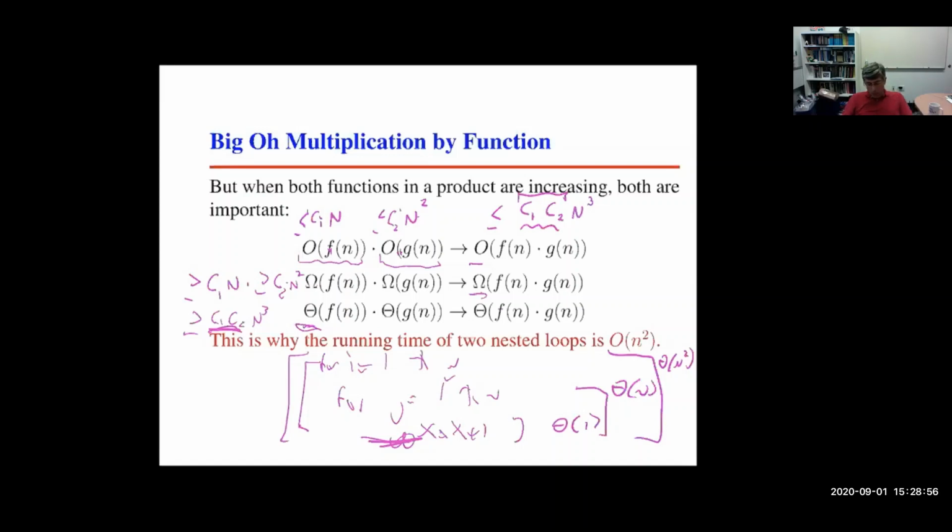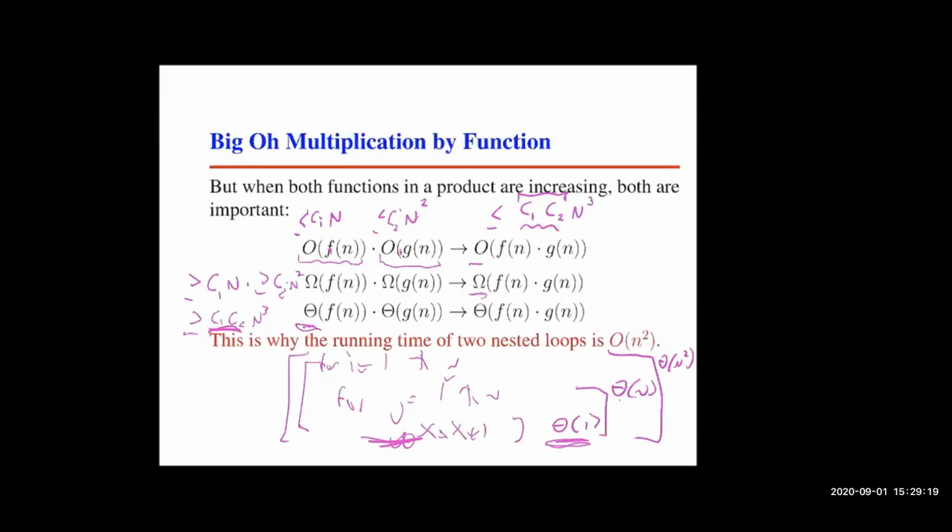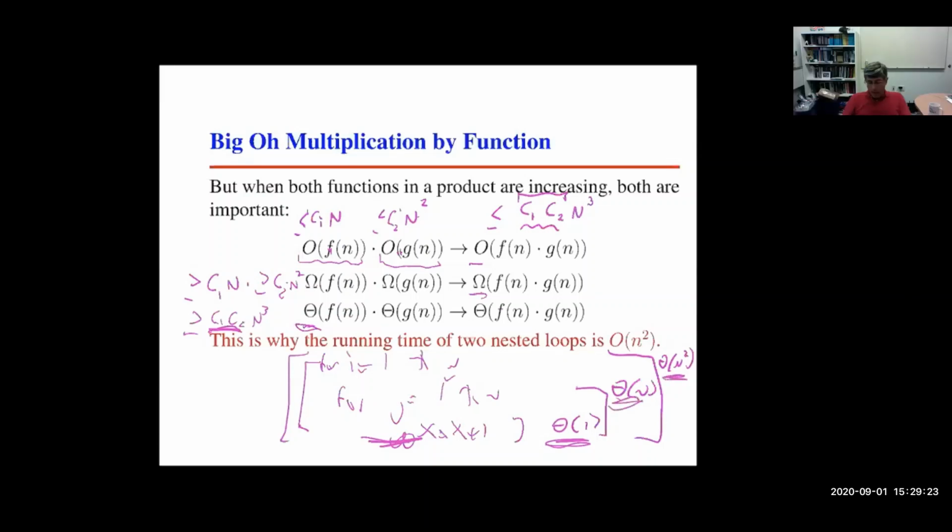So we know that for a single operation, the number of steps it takes is going to be theta of 1, right? If we have something that is upper and lower bounded by a constant, and we're multiplying it by n, well, this thing is going to be upper and lower bounded by a constant times n. So that's how we got this theta. And when we did it again, we got the theta holding again.